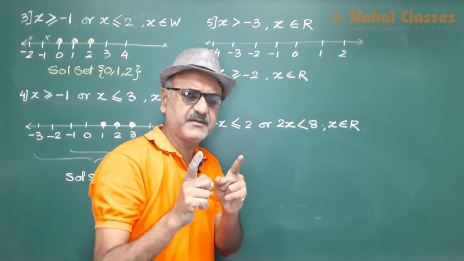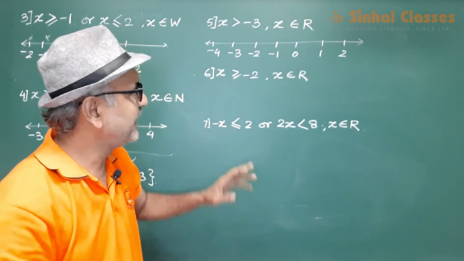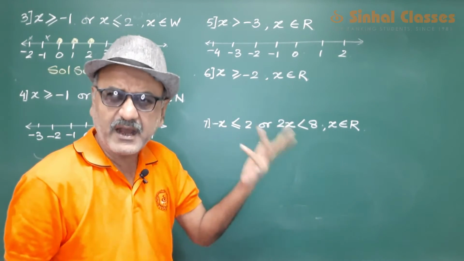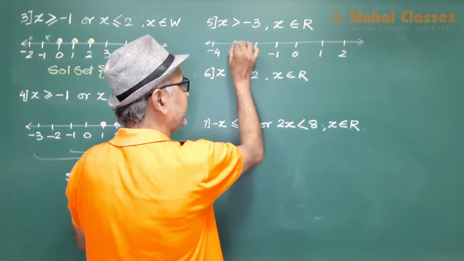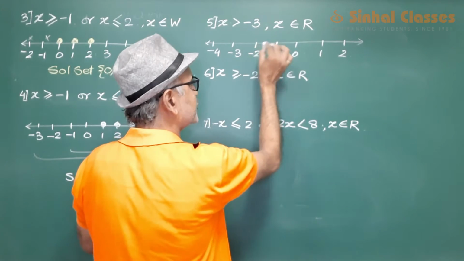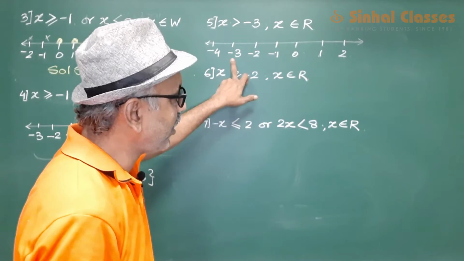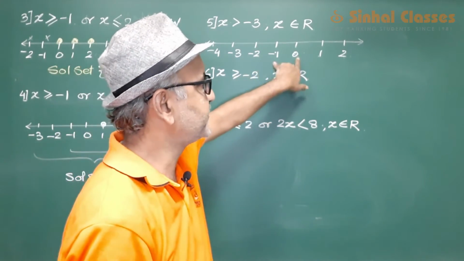Now remember this, if we are dealing with real numbers, between any two numbers there are infinite numbers. So what we do is, we start from here, -3. We cannot just take -2, -1, 0, 1 and 2. No, because we have to include all the numbers which lie between -3 and -2, -2 and -1, -1 and 0.